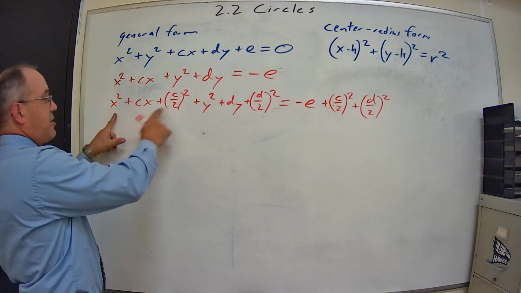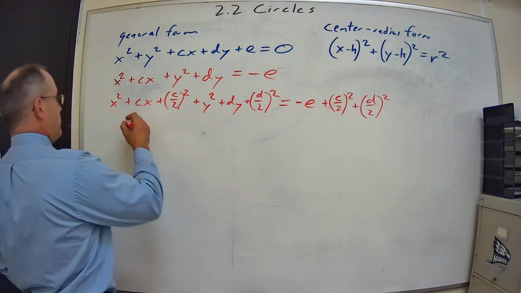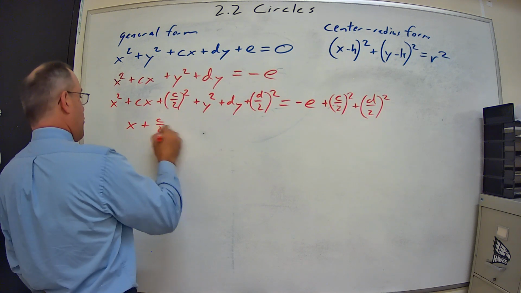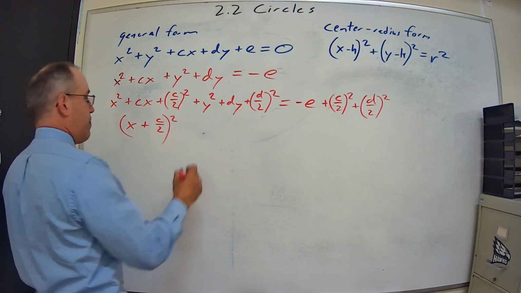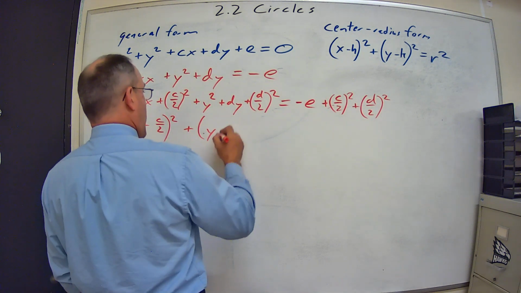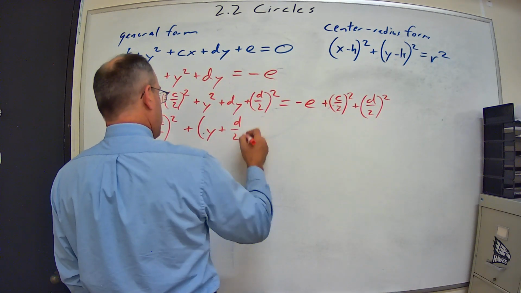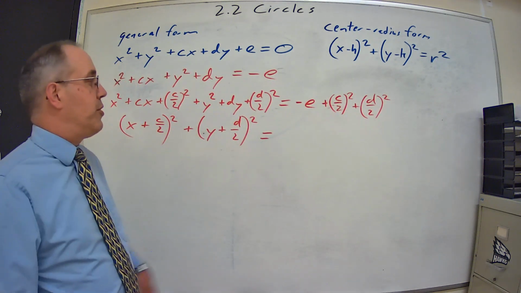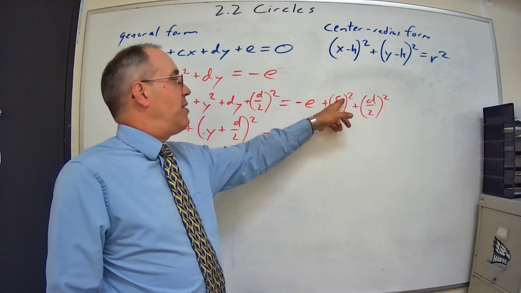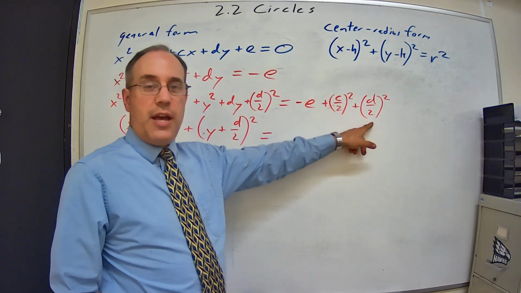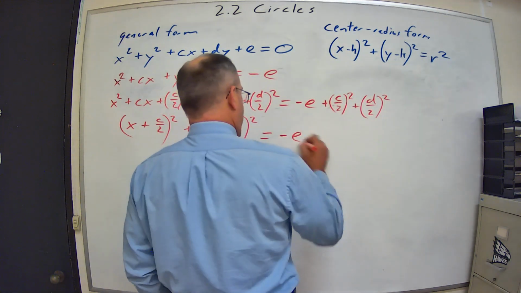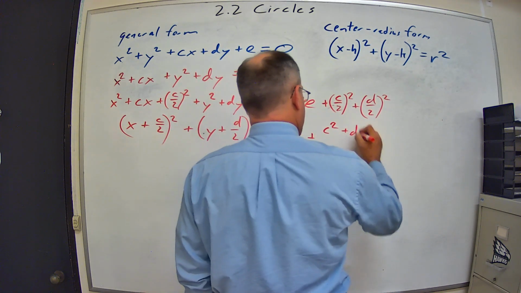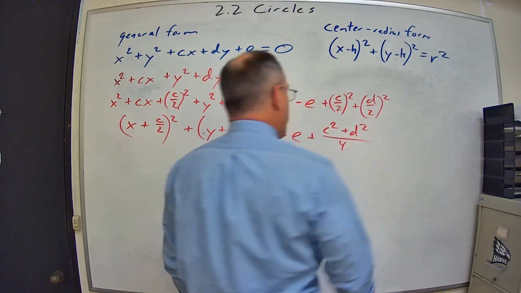Now that we have that, that's a perfect square. So that's x plus c over 2 squared plus y plus d over 2 squared is equal to, and I noticed something here, I see that I've got squares and I've got 2's down here, so I can make this minus e plus c squared plus d squared over 4.